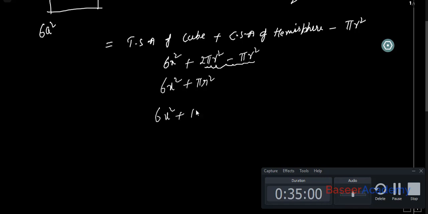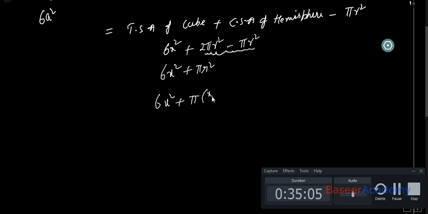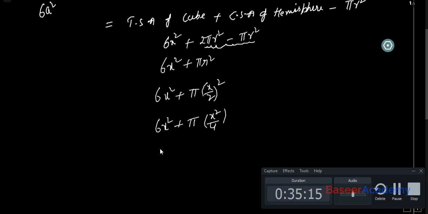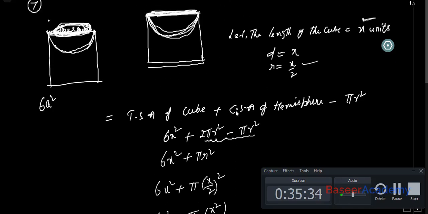In place of r, I'm going to substitute x by 2 because the value of r is x by 2. 6x square plus pi x square by 2 square. 2 square is 4. So this becomes 6x square plus x square by 4 pi. If I take x square common from this, I'll get 6 plus pi by 4. x square into 6 plus pi by 4 is the area of the remaining solid.